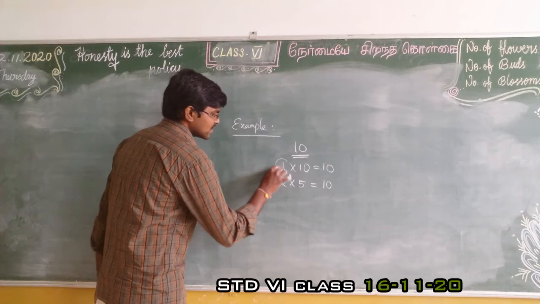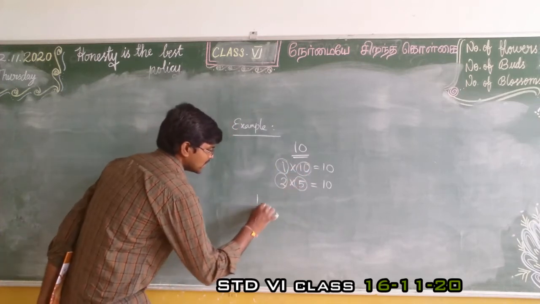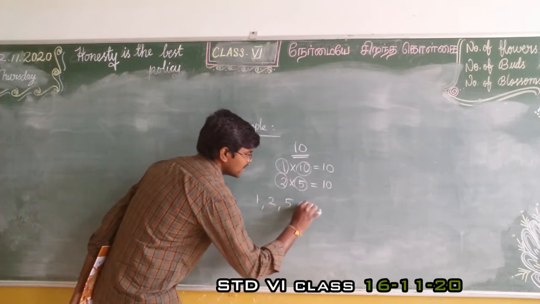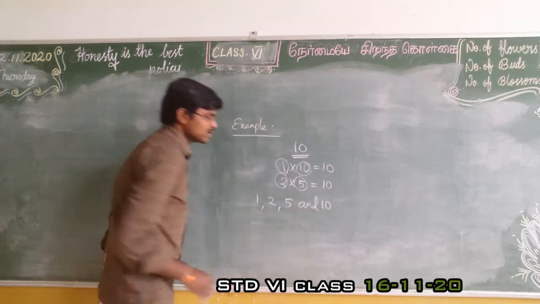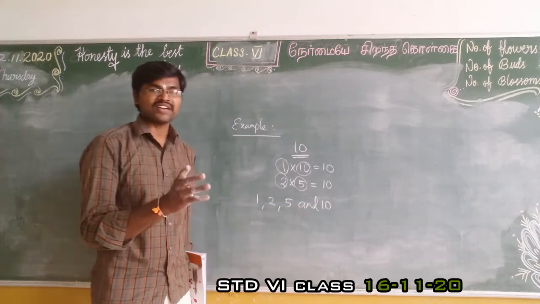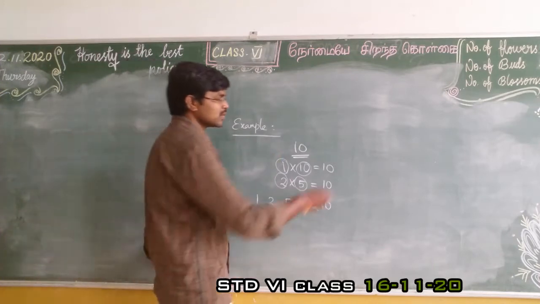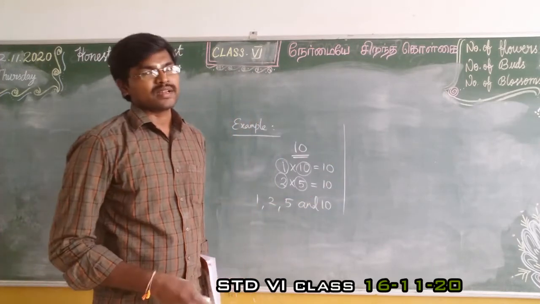So the factors are 1, 2, 5 and 10. Totally how many factors? 1, 2, 3, 4. So we have 4 factors. Sir, you are choosing 10, is it the biggest number? No. So where is the original number?